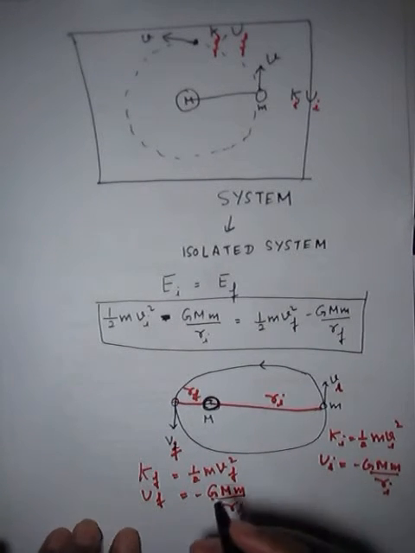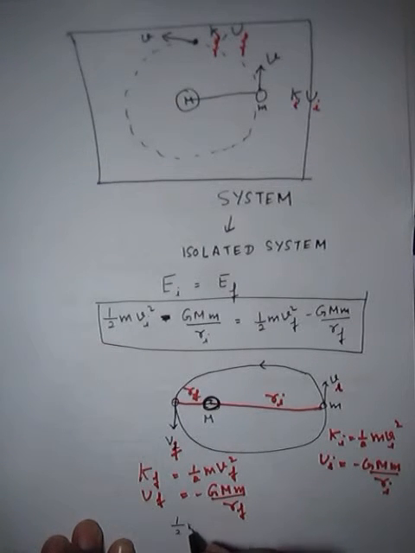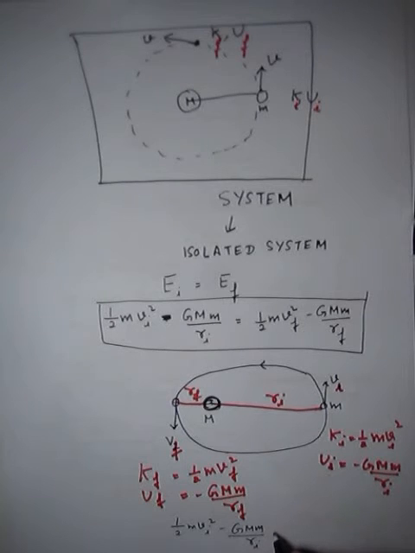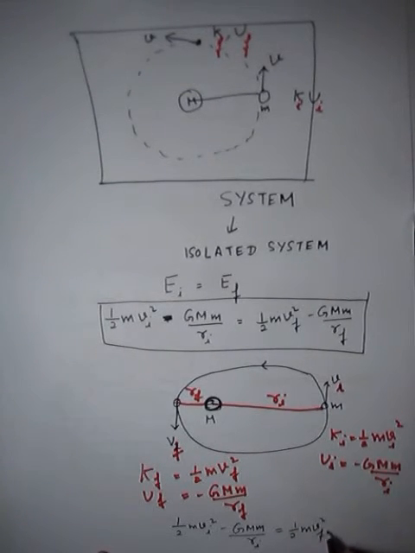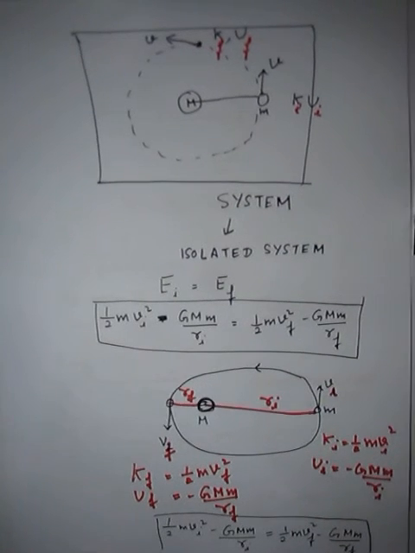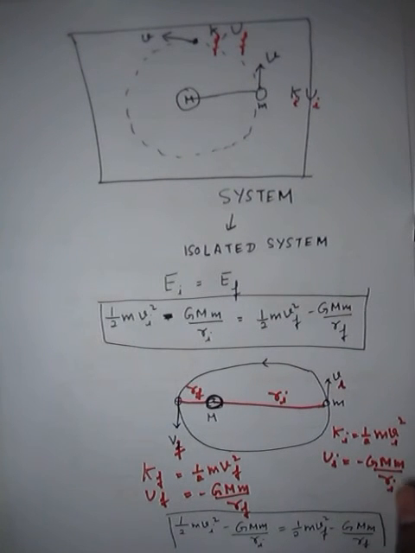So for this particular situation, we can write that 1 upon 2 m Vi squared minus capital G capital M m upon Ri will be equal to 1 upon 2 m Vf squared minus capital G capital M m upon Rf. So this will be the total energy of the system in a planetary motion, which is valid for a planet moving around sun or a satellite moving around a planet.